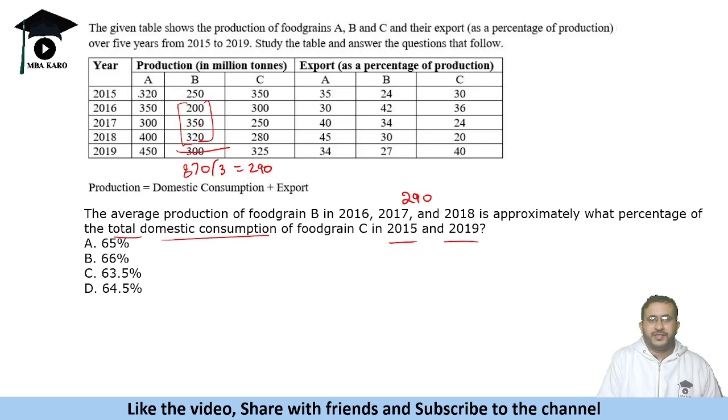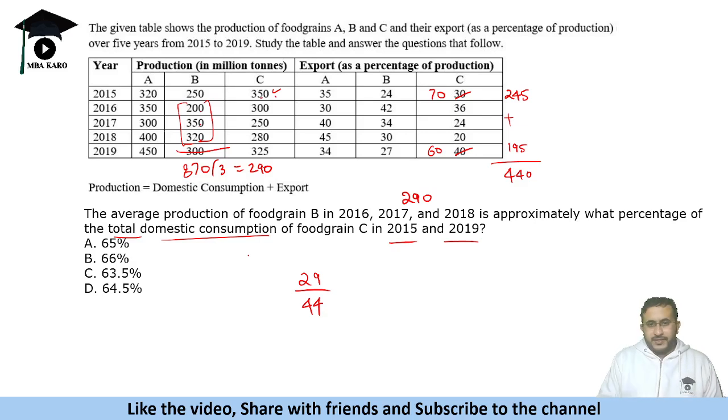And what percentage of total domestic consumption of C in 2015 and 19? In 2015, C has 70% as domestic consumption. 35 into 7 will be 245. In 2019, this is 325 and 60%, which comes to 195. Some calculation is required here. When you add, you will get 440. So we need to find 290 by 440, which is 29 by 44 in terms of percentage.